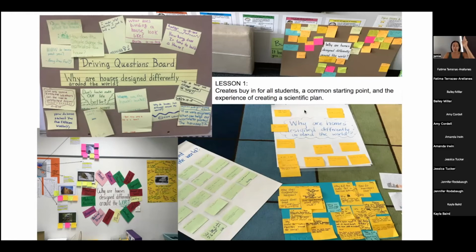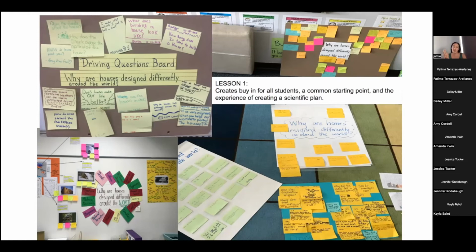In their alone zone, depending on the timing of your students and what their writing skills are, maybe 10, 15 minutes, write alone all the questions you have about these different homes that would help you answer this question.